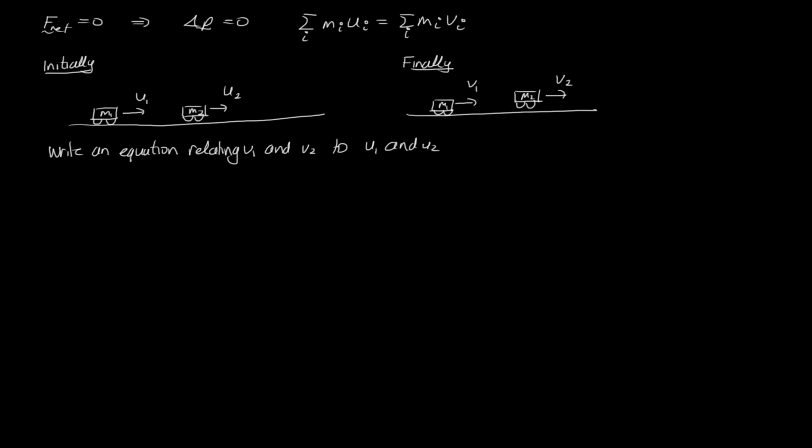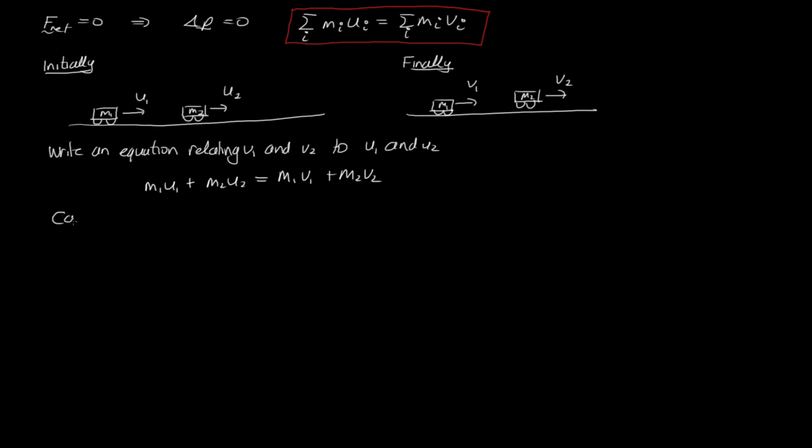To do this, we can just use this expression up here, and when we're using that, what we can write is m1 u1 plus m2 u2 is equal to m1 v1 plus m2 v2. So that would be how we'd solve that problem, but often we'll get more numeric type problems. So let's have a look at another problem that we can use this to solve.